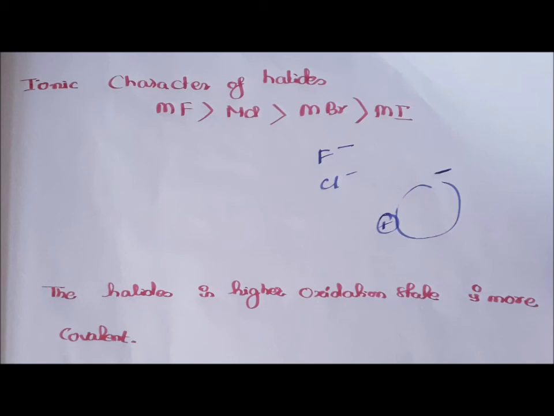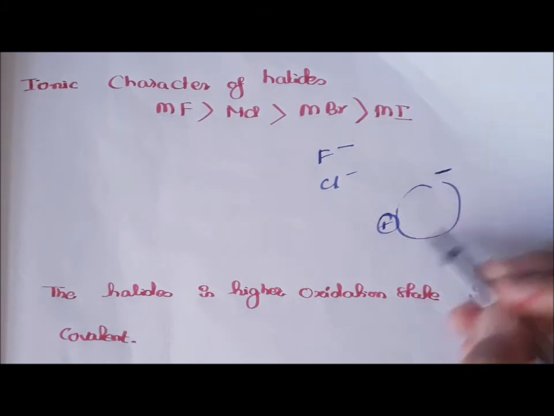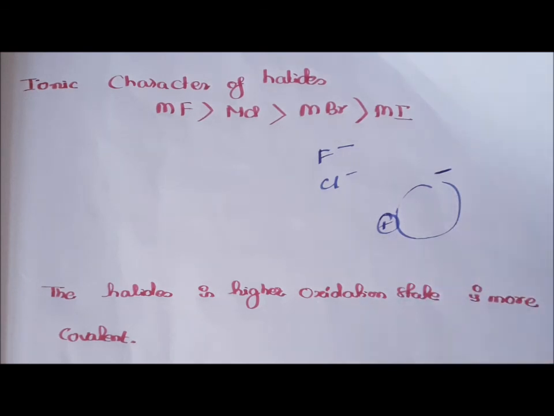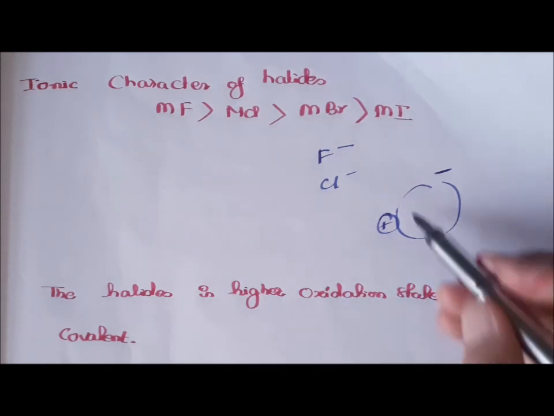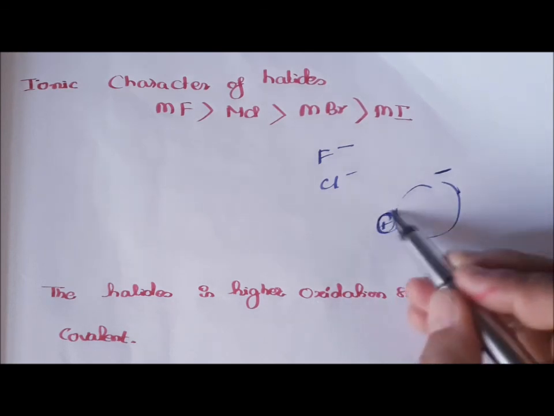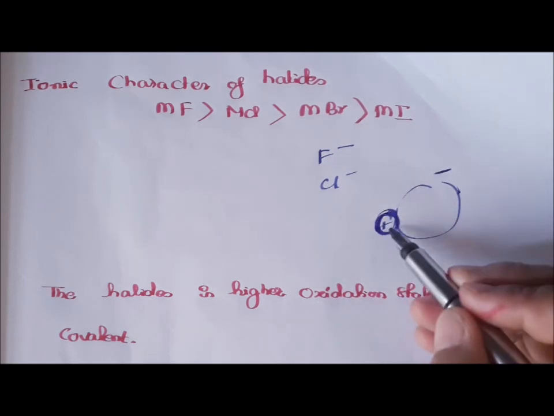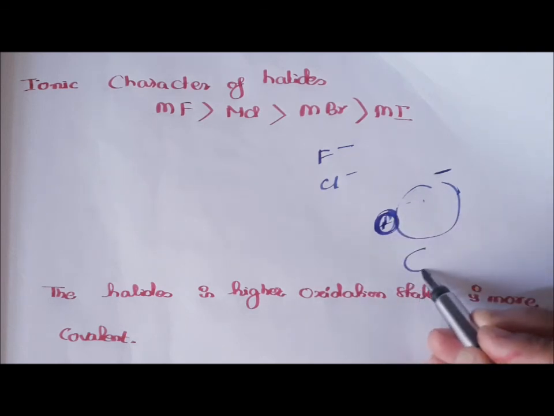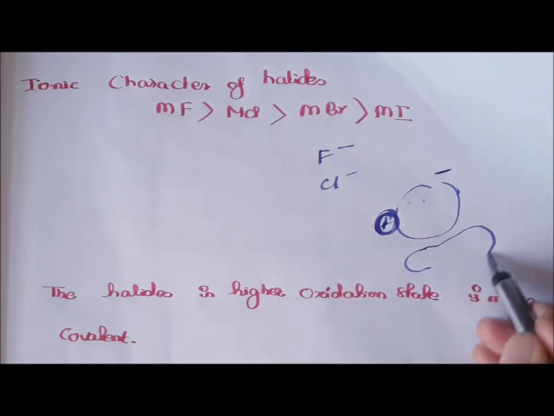Now according to Fajans' rule, the polarizing effect of a bigger anion will be more compared to a smaller anion. So it polarizes this cation more, and because of that the bond becomes more covalent.